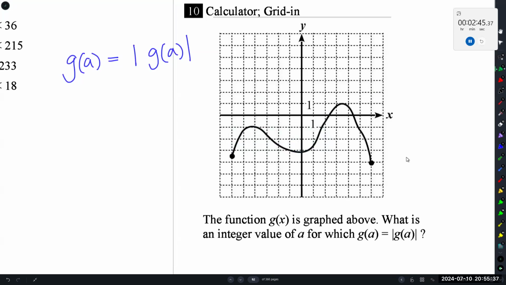And those who missed this, in your Desmos app you can call this function by writing ABS, absolute value, and then have your function outside that. You could just say ABS f of x, and it should work.